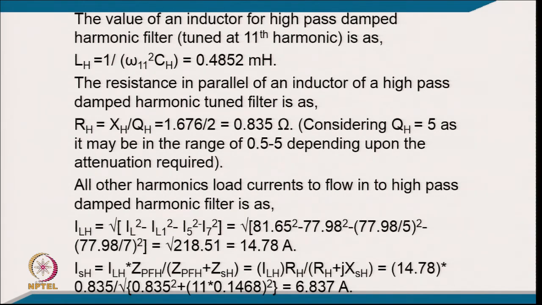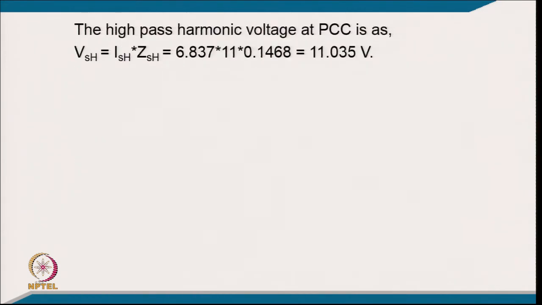All higher harmonic current in the source will be ILH into ZPF, putting the value, it comes 6.837 ampere.